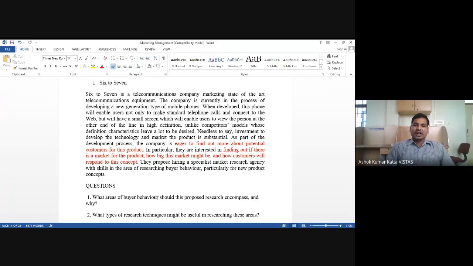But here the ultimate target is how you will identify your consumers. Identify your consumers. Once you identify them, then definitely if a consumer is not satisfied, you can satisfy him by making different changes. If in case he is not satisfied, then again you can provide whatever is required.